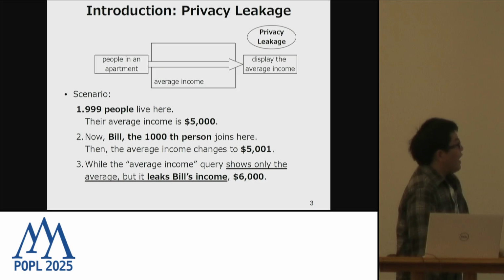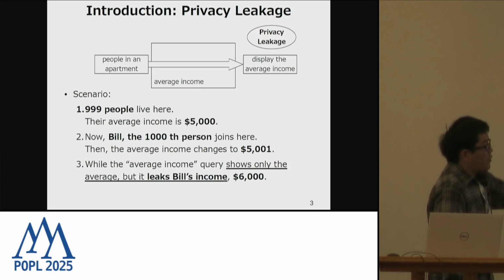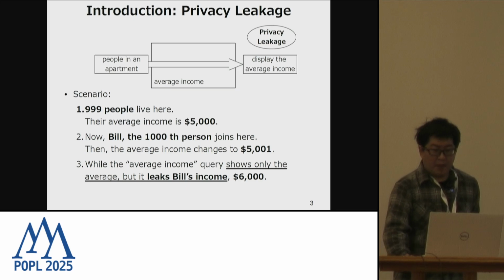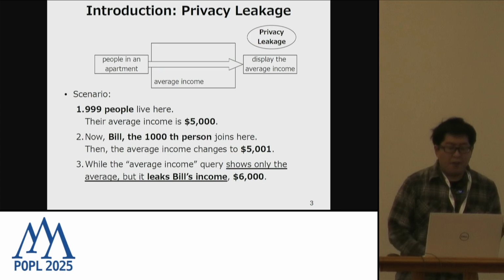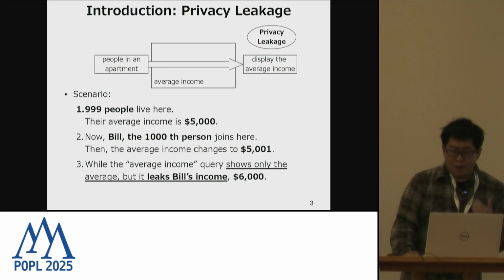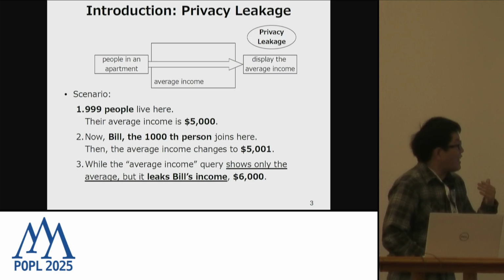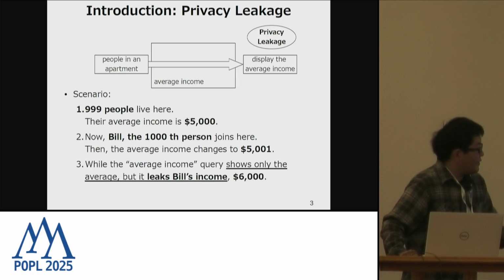And then step one, the average income is $5,000. Step two, now Bill, the 1,000th person joined the apartment. Then the average income changes to $5,000 plus 1.